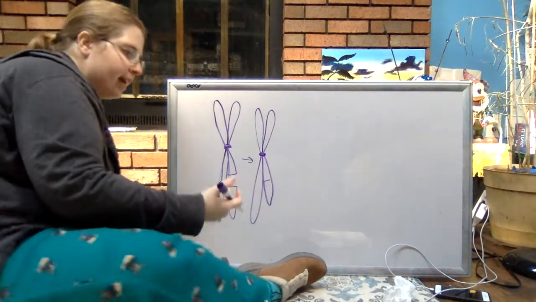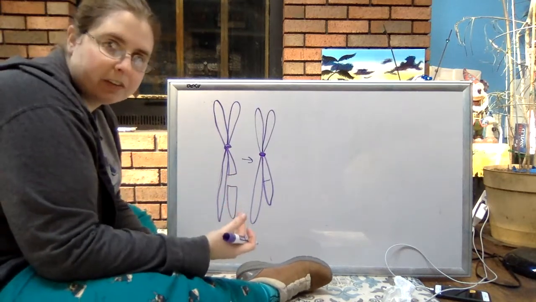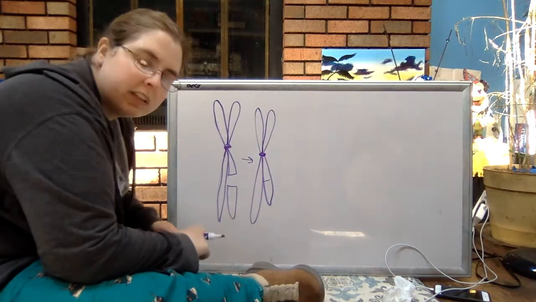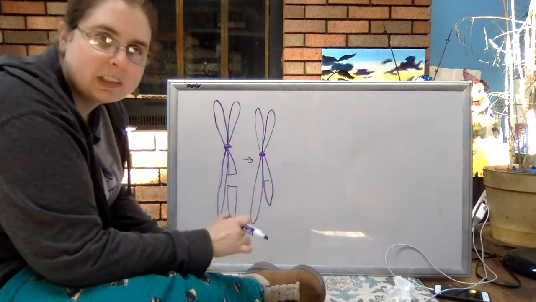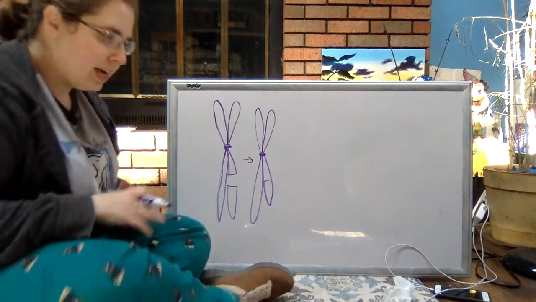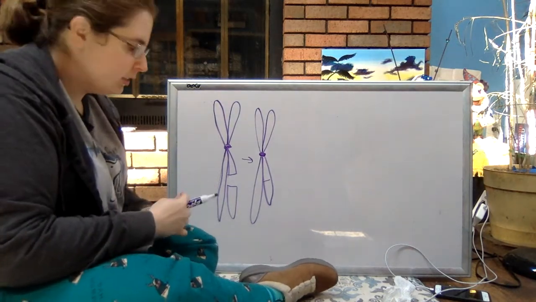So now it's actually missing a complete section of it. And depending on how much of it was taken, could be one gene, could be multiple genes, could be portions of genes. So any number of ways this could be affected. So that would be an example of a deletion.